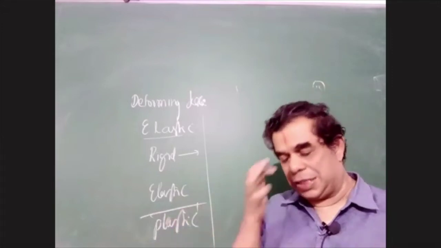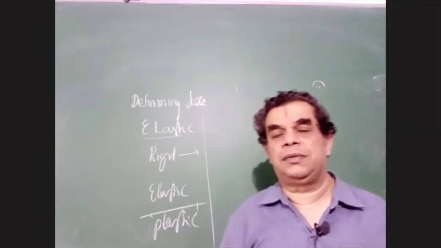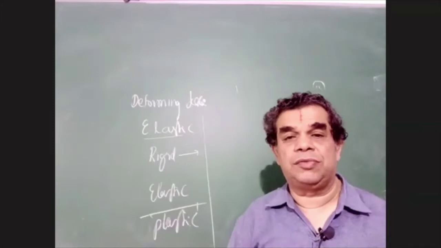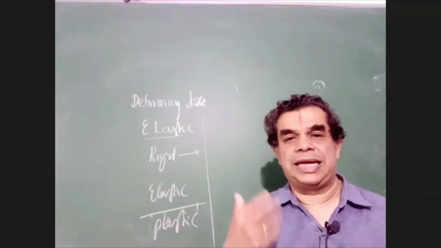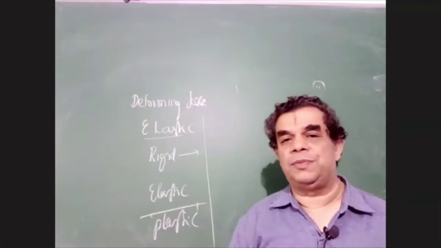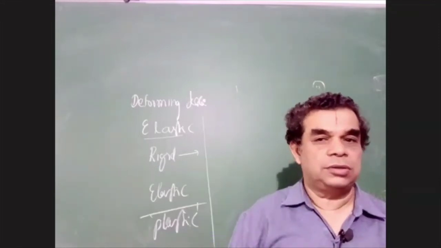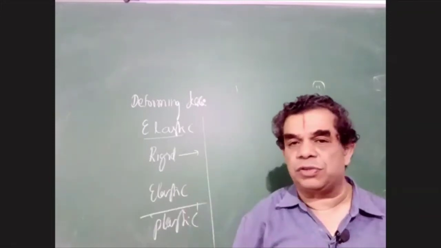In one of the classes, some years back, when I was talking on the mechanical properties of solids, I told a student that stone is an example of a rigid object. He said, sir, it is going to be crushed when we apply more force. Definitely, it shatters into pieces when you apply a large force.